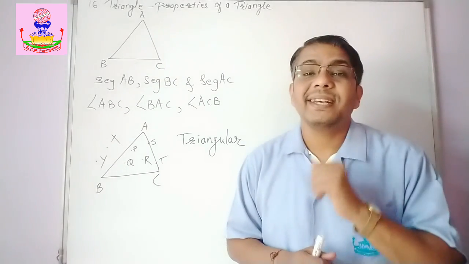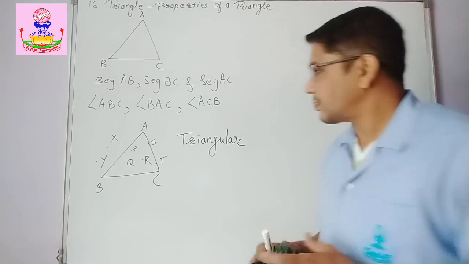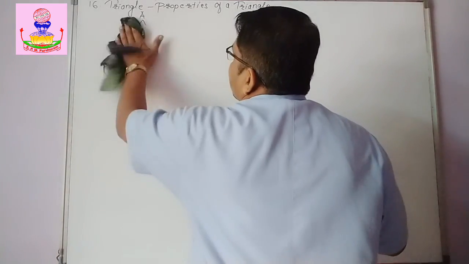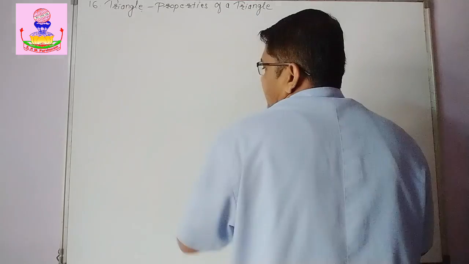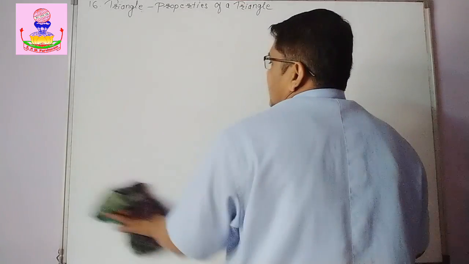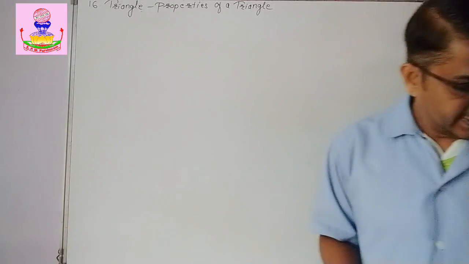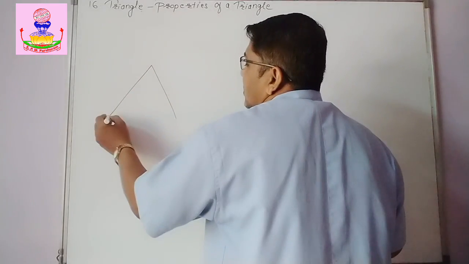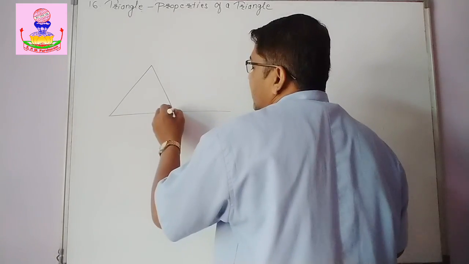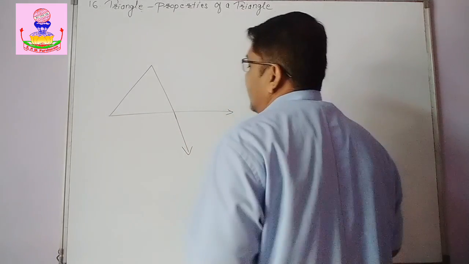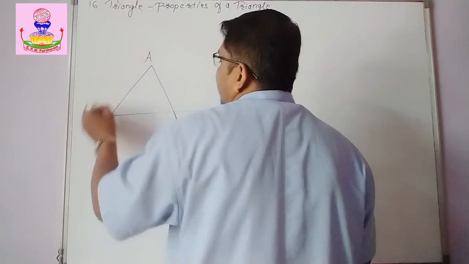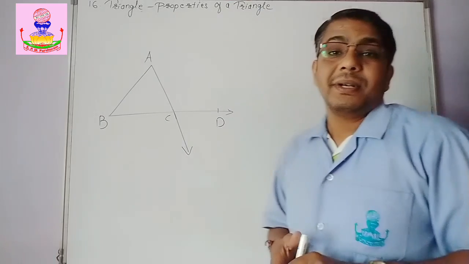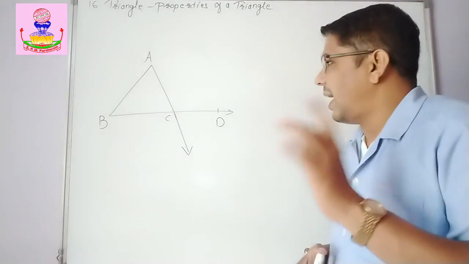Okay. Now the next point, that is exterior angle. Exterior angle of a triangle. The angle which forms linear pair with the angle of a triangle is called the exterior angle of the triangle. I repeat again the definition.